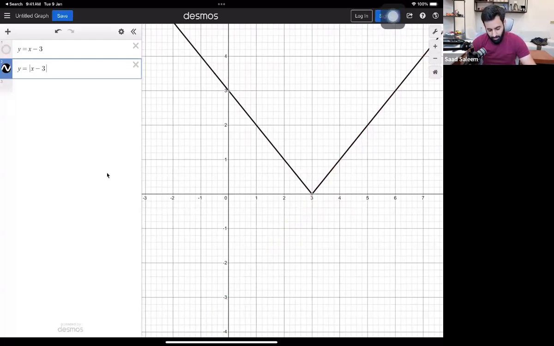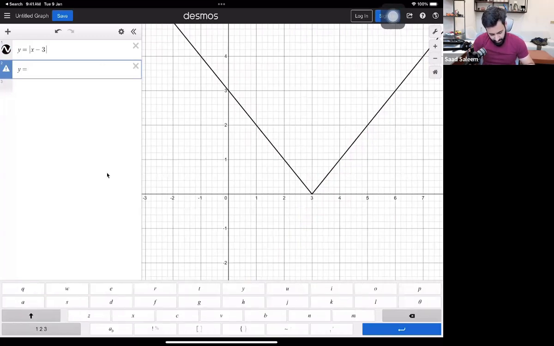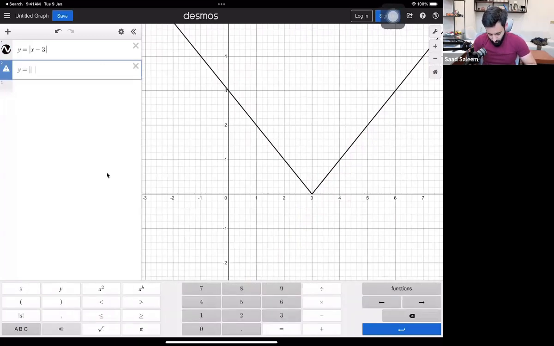Now, before we learn how to do that, I want you guys to make an observation. No matter what type of modulus graph we have, there is one thing common in all the graphs. What's that? Let's say we have 2x minus 1 inside the modulus plus 3.